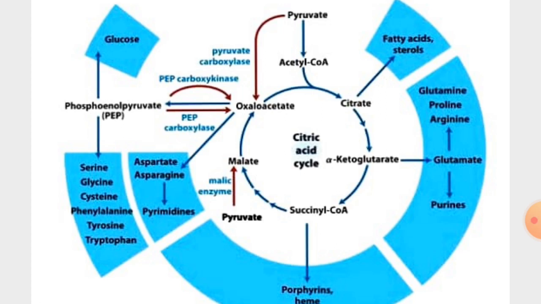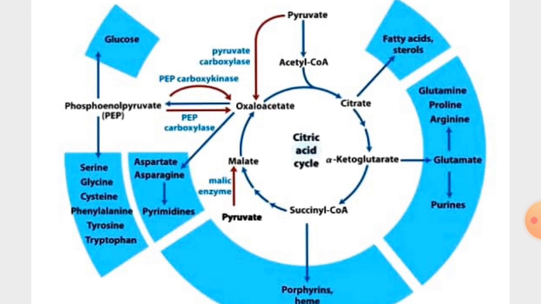If the oxaloacetate amount is very high, it modulates the pyruvate carboxylase activity, telling it not to synthesize more oxaloacetate. So it is inhibited, and pyruvate is not converted into oxaloacetate, and the cycle continues to run. This is the beauty of oxaloacetate modulation.